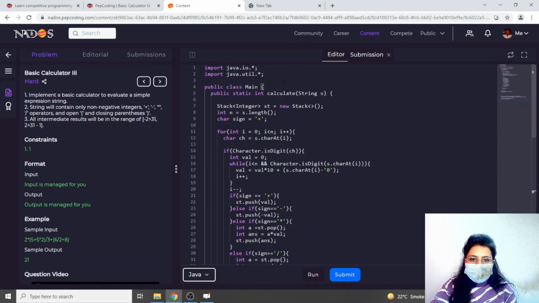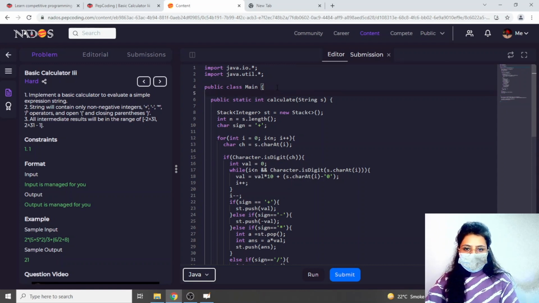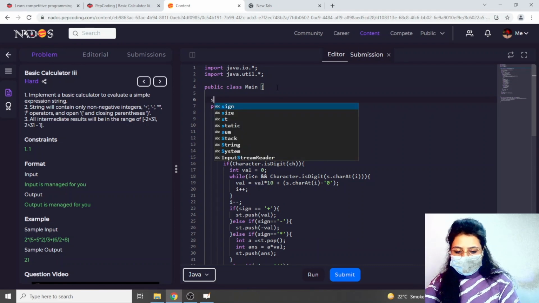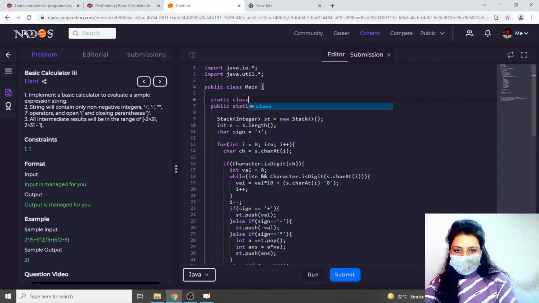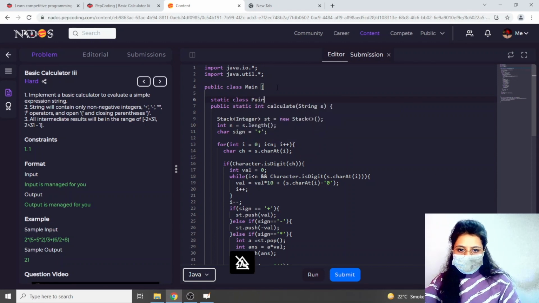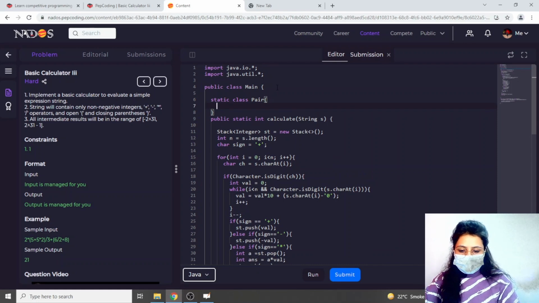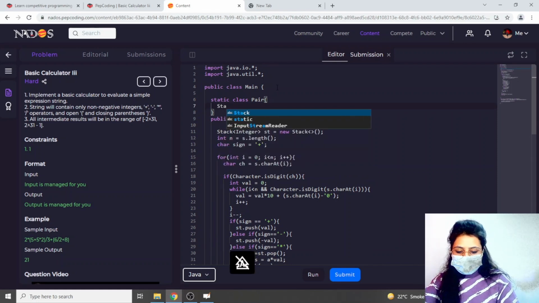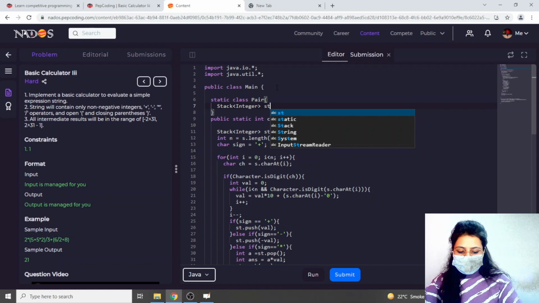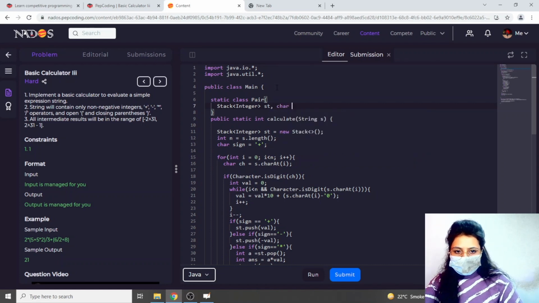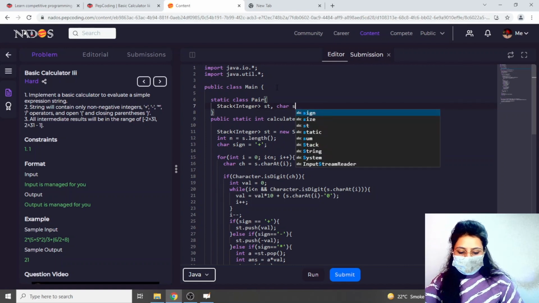So now what we have, we'll first make the pair class in the class main. We'll write static class pair, and we'll make a stack of integer, give name as st, and we'll have char s, right?